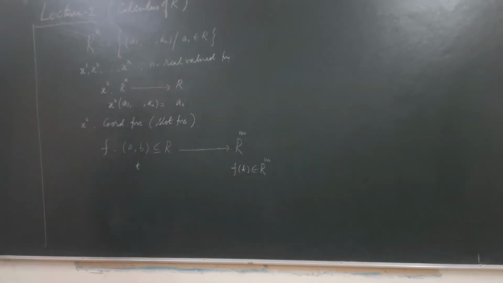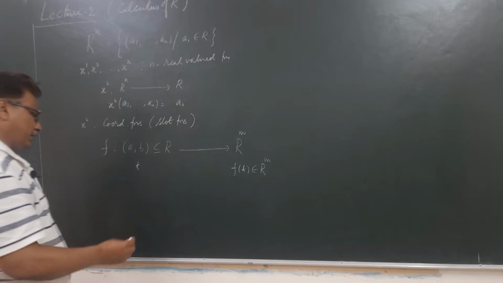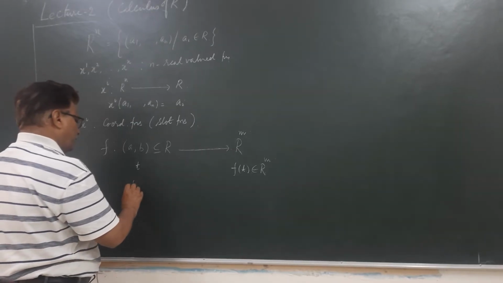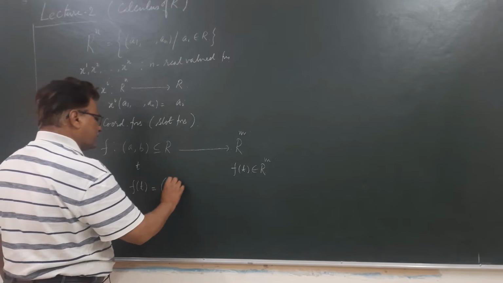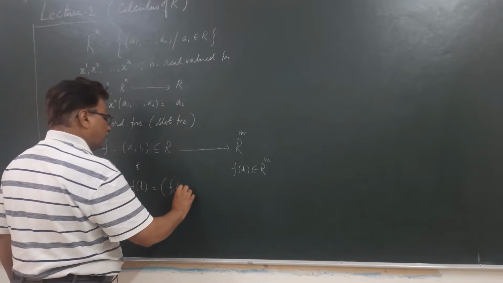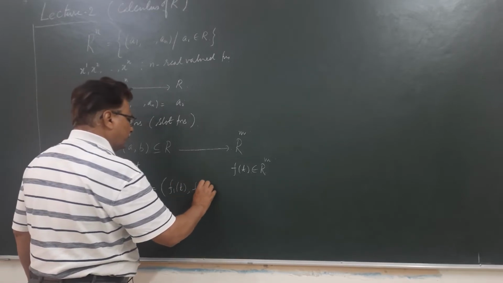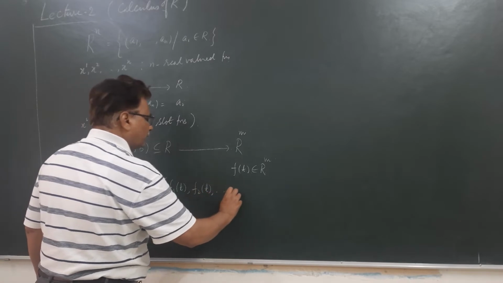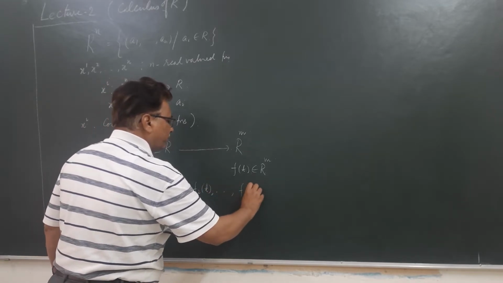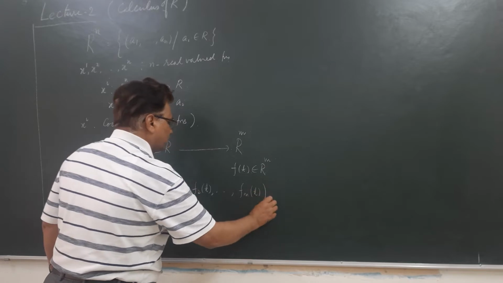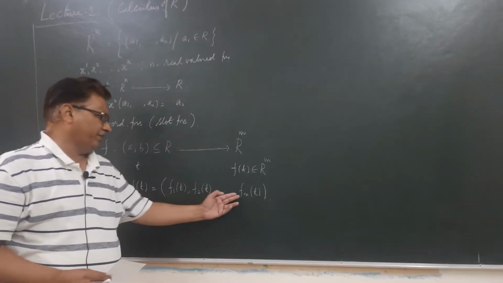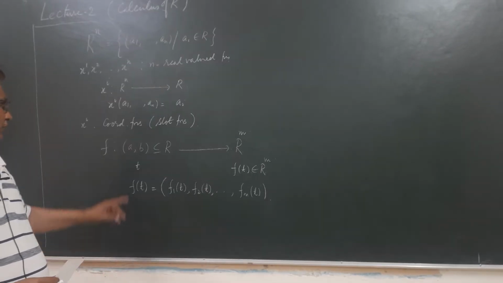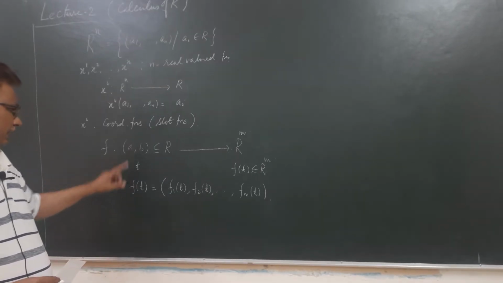Being a vector of Rm, it will have components. So f(t) will be written as f1(t), f2(t) and so on, up to fm(t). You can easily see that these f1, f2, ..., fm are real valued functions on the interval (a, b).